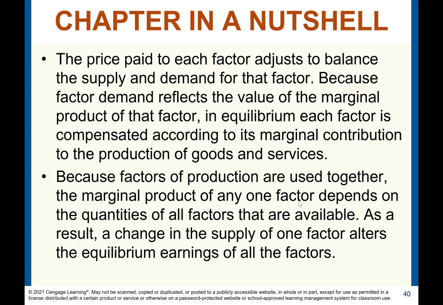Because factors of production are used together, the marginal product of any one factor depends on the quantities of all factors that are available. As a result, a change in the supply of one factor alters the equilibrium earnings of all the factors.